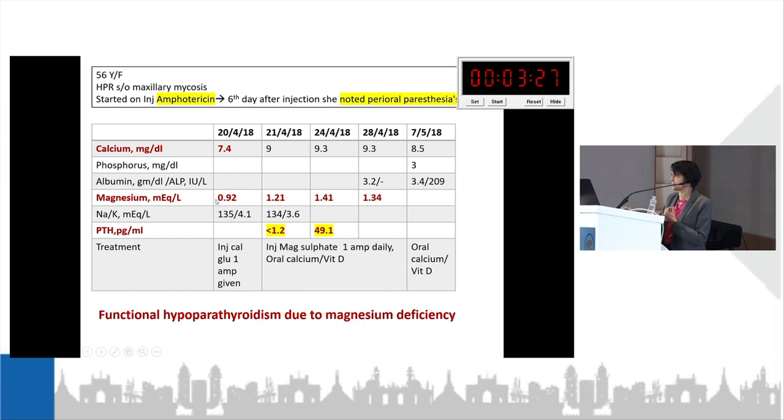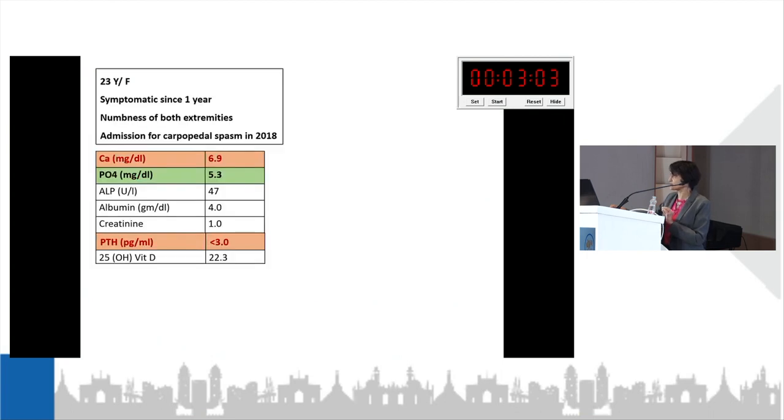And in this particular patient, amphotericin-induced hypocalcemia, which is because of hypomagnesemia, where low magnesium causes a state of functional hypoparathyroidism leading to hypocalcemia, which is what we should be aware of, because calcium correction alone may not work in this patient, and magnesium will have to be corrected as well.